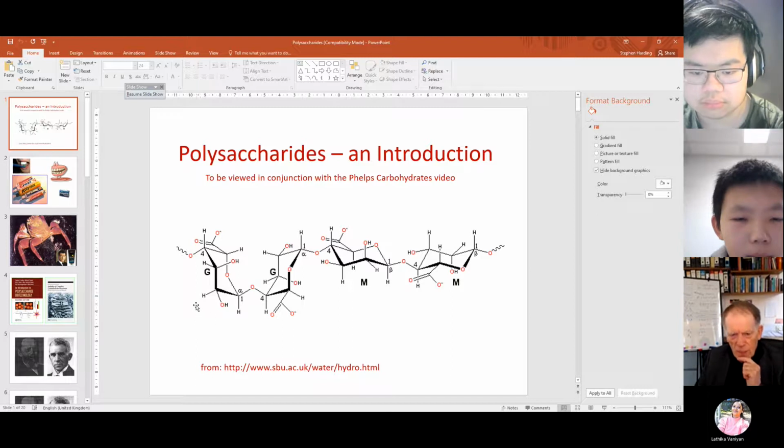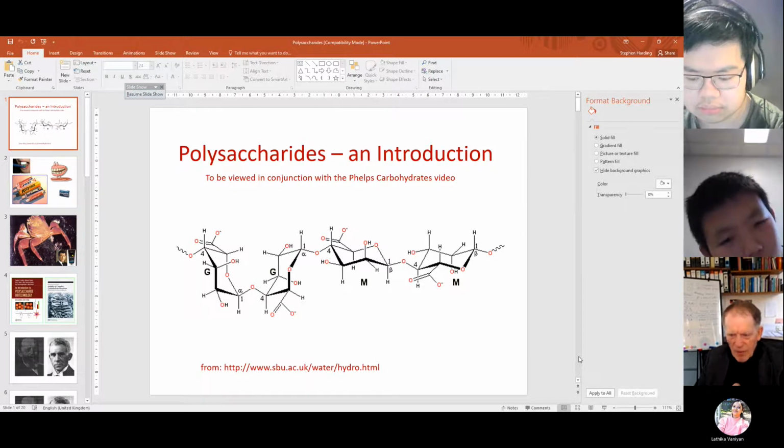It's a copolymer, which means there are two types of residue, mannuronic acid and mannuronate residues, and also guluronic or guluronate residues. You can see the different residues convey different local conformations along the polysaccharide chain. But more about that in a minute.